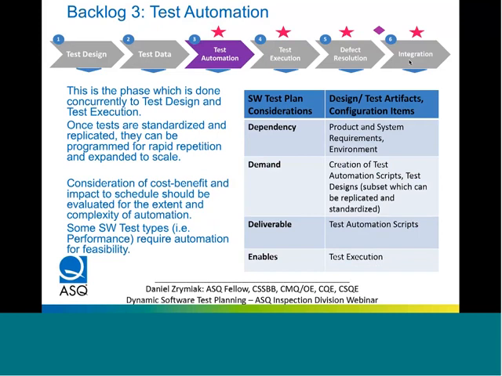Test automation: there's no requirement to have automated tests. However, the more that you have, especially where it makes sense, the more you can reduce not just the duration of the test phase, but also how many full-time employees are consumed by test activities.